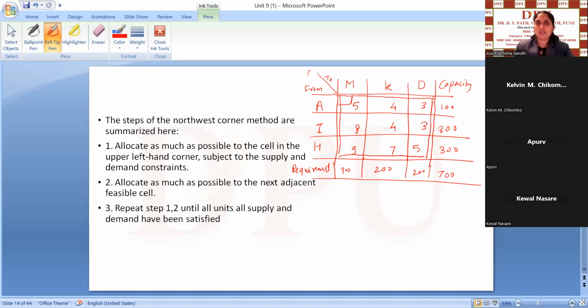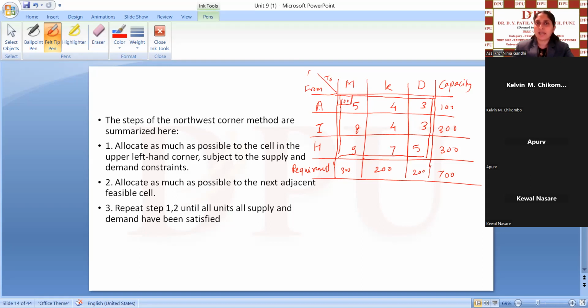What we are doing is assigning the minimum of these two numbers, here 300 and 100. So the minimum is 100. So I'm assigning 100 here. What is 100? 100 is the supply available from A. And Mumbai needs 300 units.